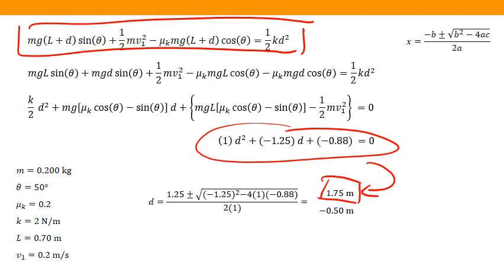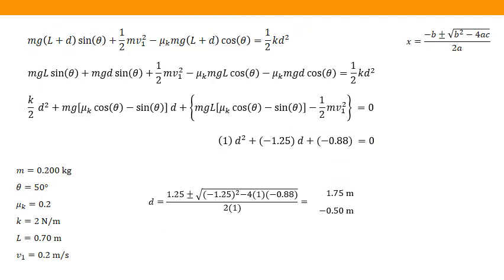So here you can see how we can treat problems where our work done by non-conservative forces is no longer 0. Now, instead, we have some work done by non-conservative forces, and we have to account for that. One thing to be careful of, something that trips students up, is that it's always my initial mechanical energy plus the work done by non-conservative forces equals my final mechanical energy, not the other way around.